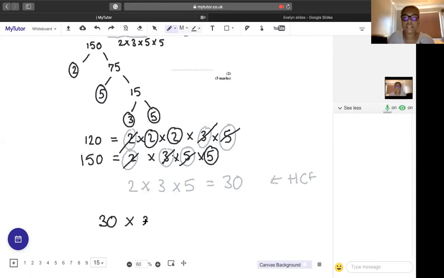So we've got 30 times 2 times 2 times 5. So 2 times 5 is 10, times 2 is 20, times 30 is 600. So 600 would be our lowest common multiple.